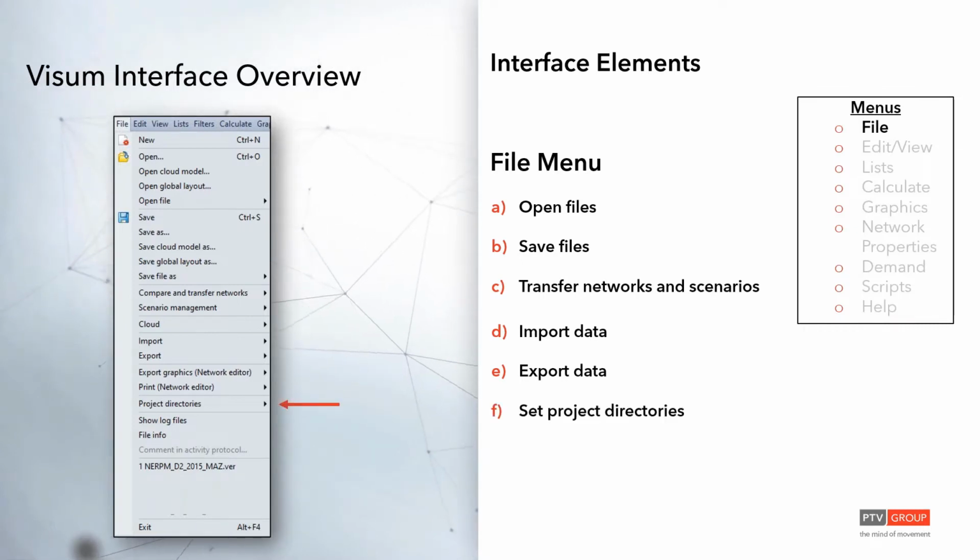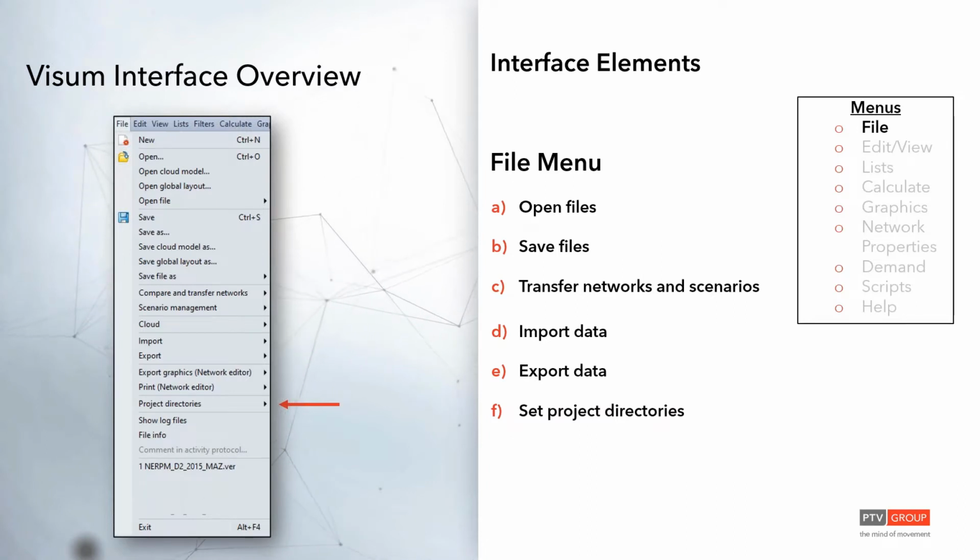Okay, so this is one of the important menu items, project directories. It's recommended that whenever you start working with Visum, the first thing you should do is set a project directory. The project directory sets the root directory for all Visum operations.